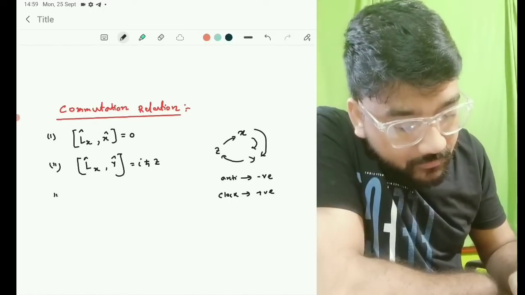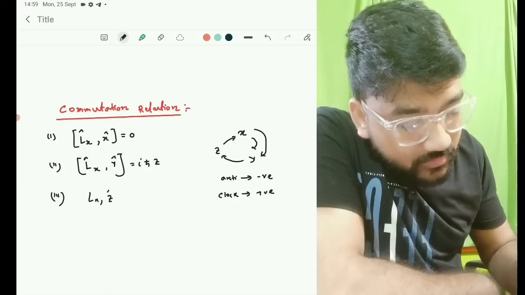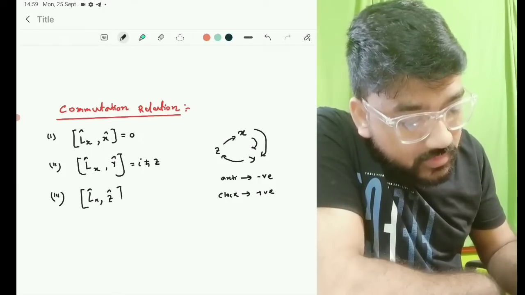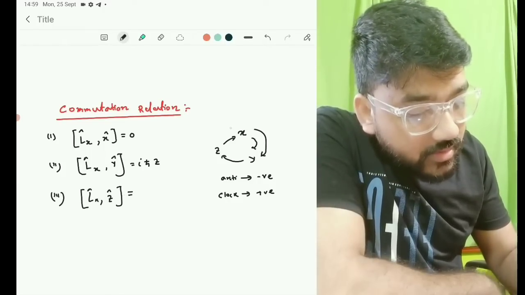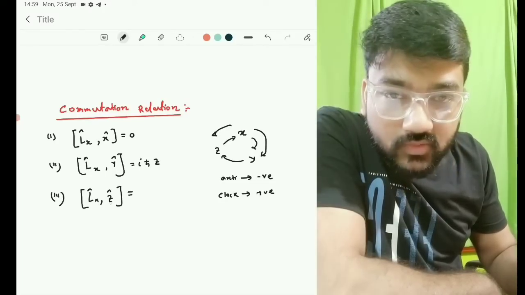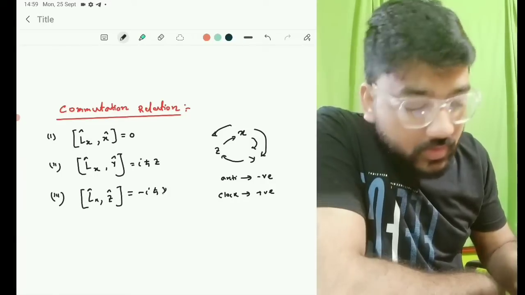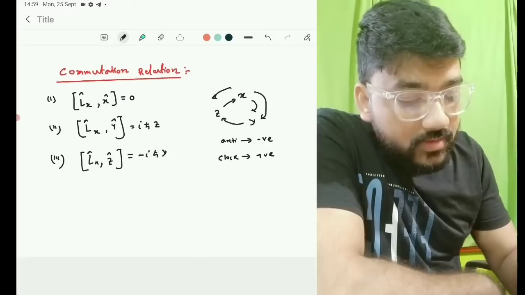But if you talk about Lx with z, then x to z will be anti-clockwise, so it will be negative, and it will be y, so minus i h cross y. So this is how you should remember these kinds of results.